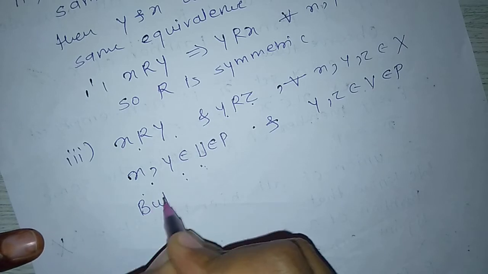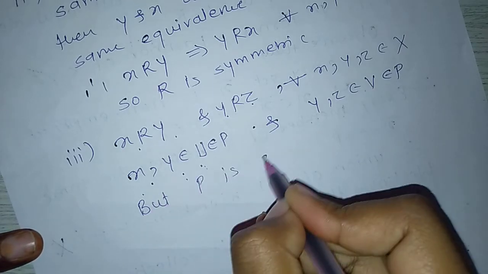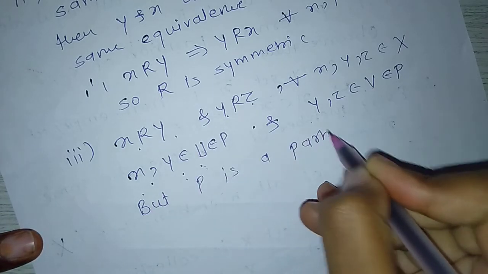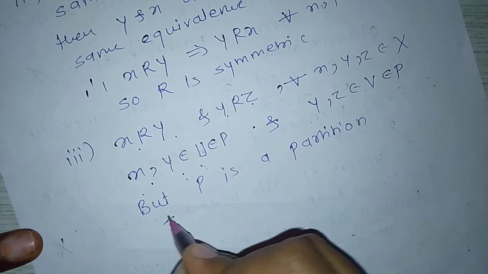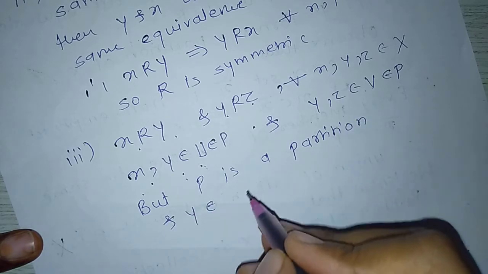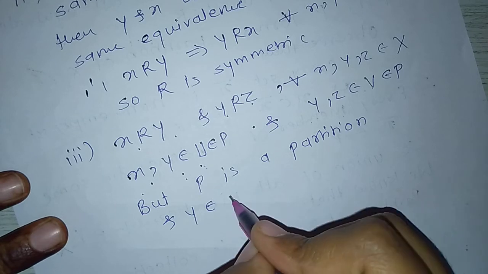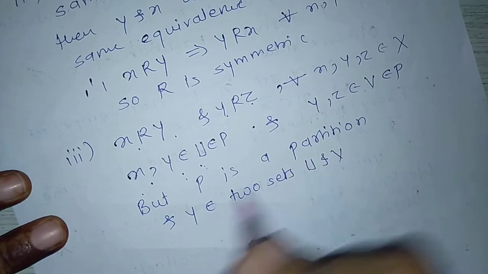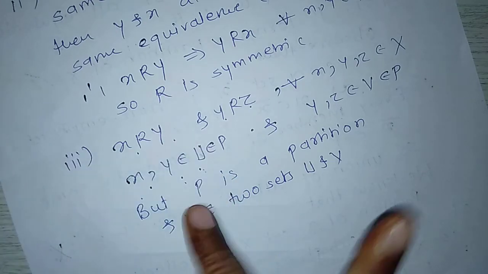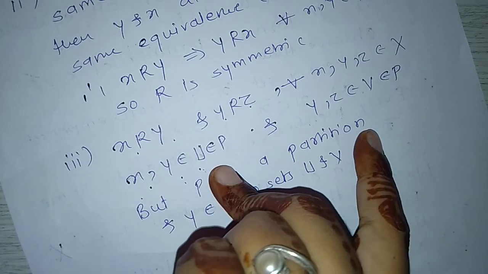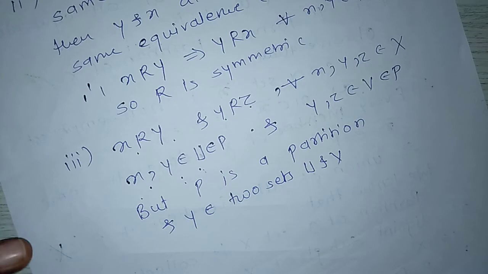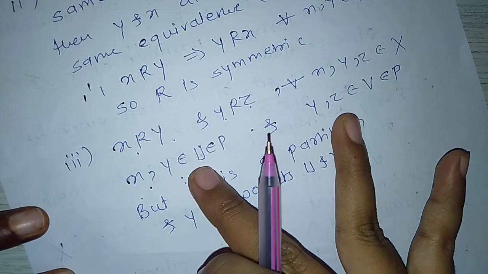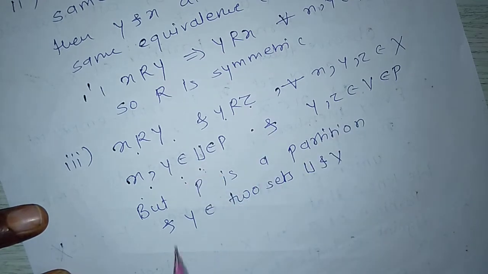But P is a partition, and y belongs to two sets U and V. In a partition, two sets U and V are either identical or disjoint. Disjoint means members of these two sets are not equal.